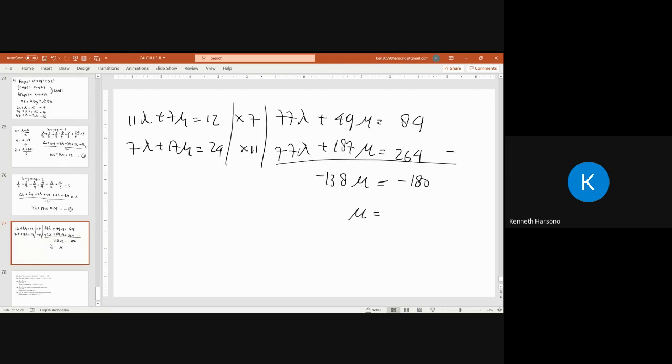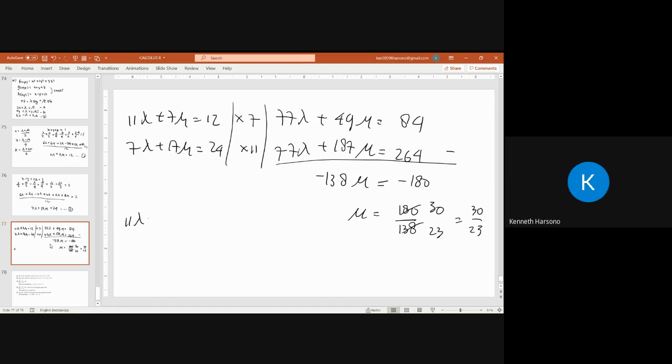So mu is just 180 over 138. Divide by 6, this one is 30 and this one is 23. So mu is 30 over 23. And substitute this back into our first equation here.